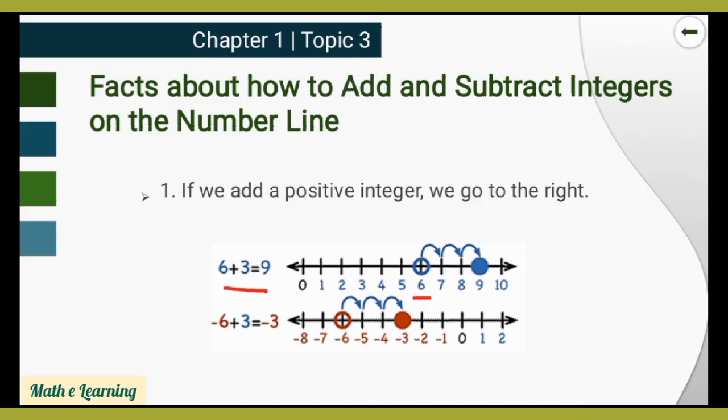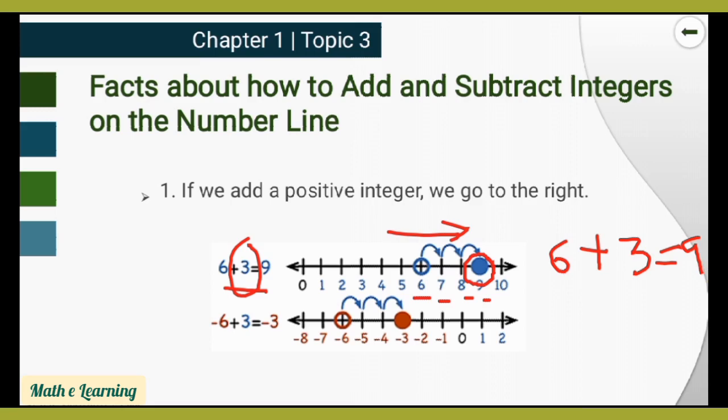First we mark 6. Then, to add 3, we need to move to the right side. By moving 3 steps to the right side, we mark a number, and here it is 9. So the answer of 6 plus 3 is equal to 9.